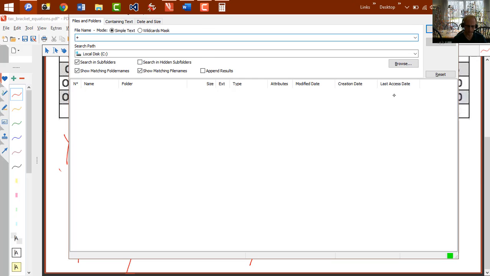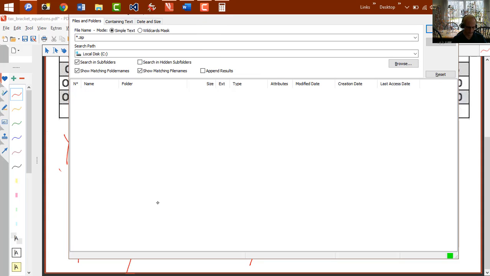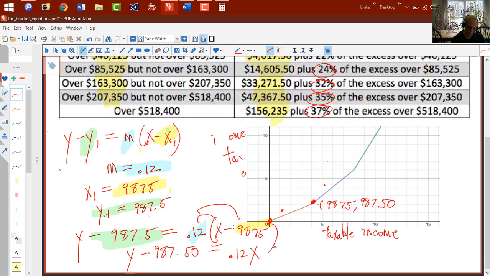Let's see, did it open? Yes. So I need to do 0.12 times 98.75. So 1185. So that would be minus 1185. And then I'm going to add 987.5 to both sides to get y all by itself.